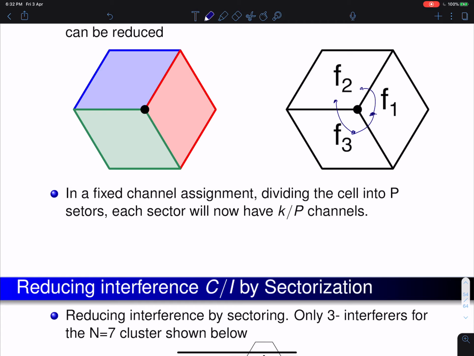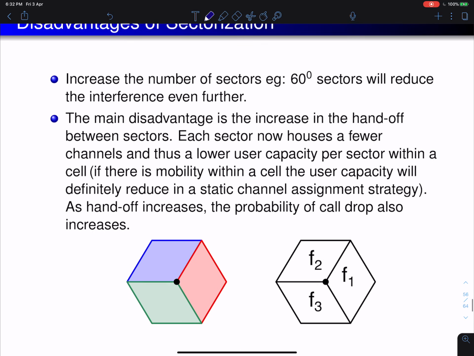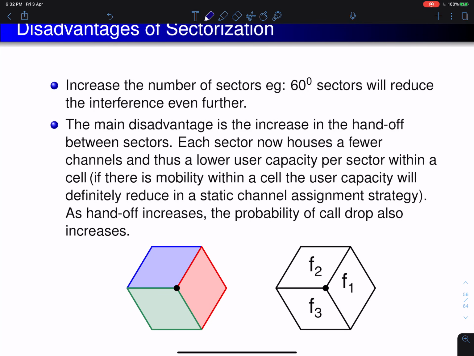But now, when a cell phone moves from one sector to the other, it goes to a different base station antenna. The base station is the same, but the antenna is different. So a new antenna has to radiate to this user, and it will change the frequency channels also. It can't use the same carrier frequency as before. So there will be a probability of a call drop. That is one problem.